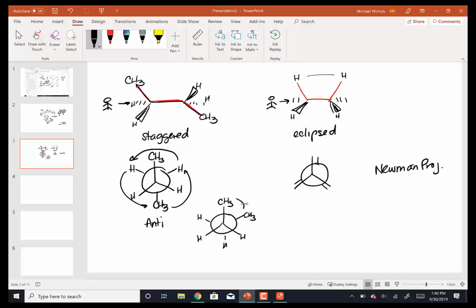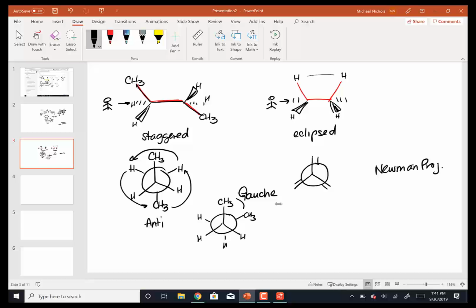And so this terminology, when you have two non-hydrogen groups next to each other in a staggered conformation, is what is called gauche, with an E. So we would say for butane, this is the gauche conformation.